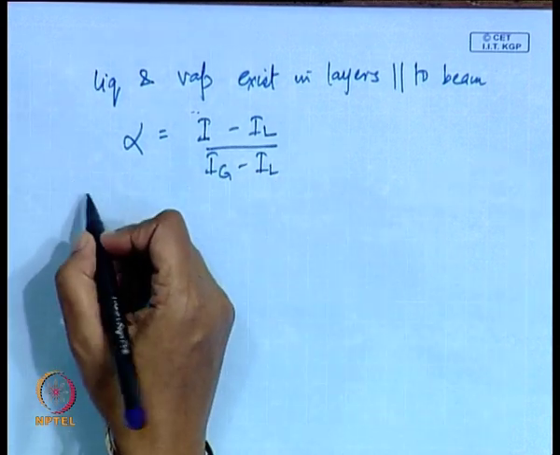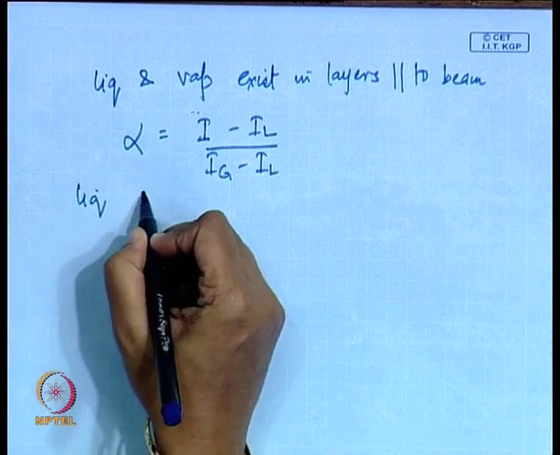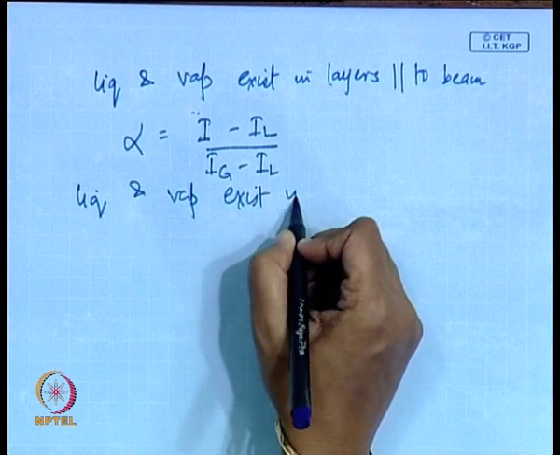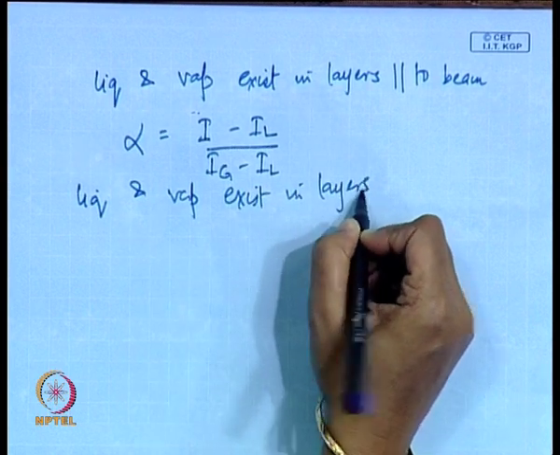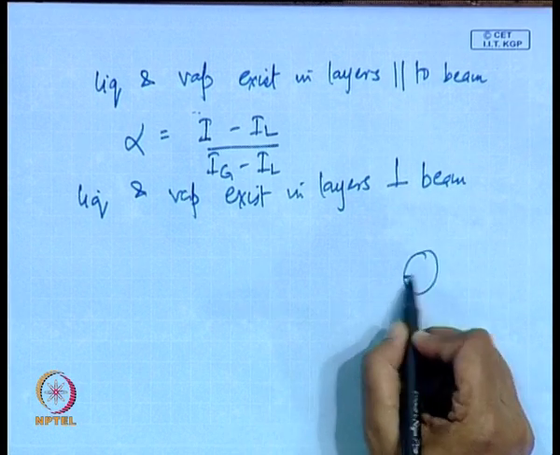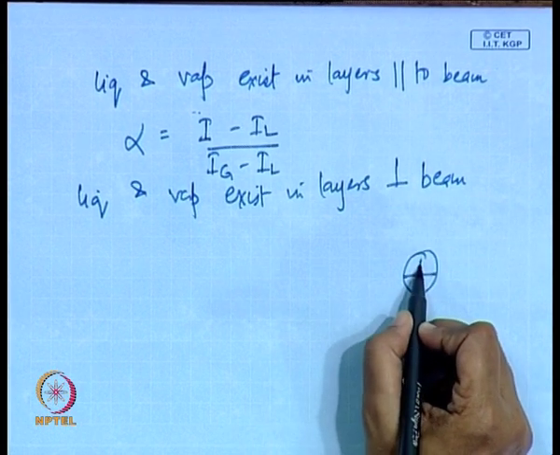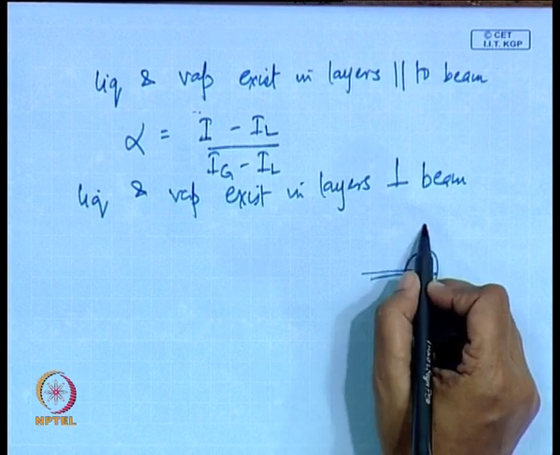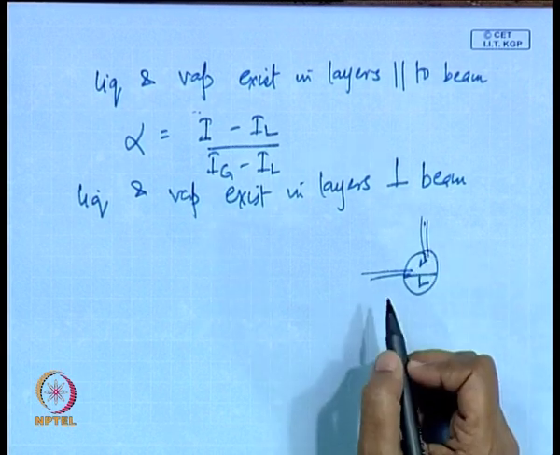Okay. And when liquid and vapor exist in layers perpendicular to the beam, that means the liquid and vapor are oriented such that this is vapor, this is liquid, and maybe the radiation is falling this way or perpendicular.